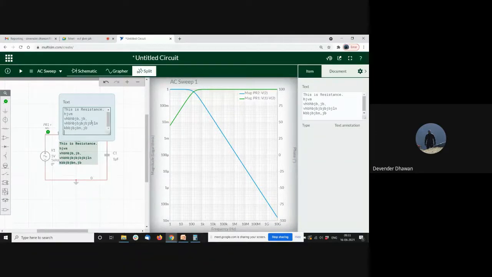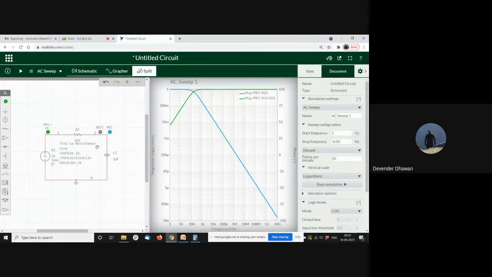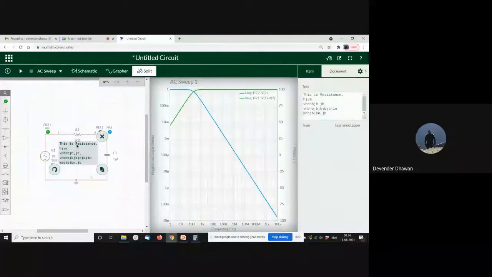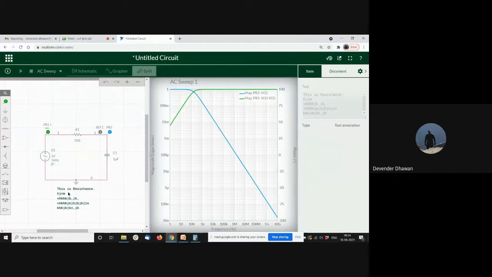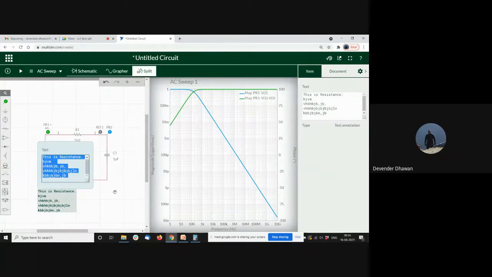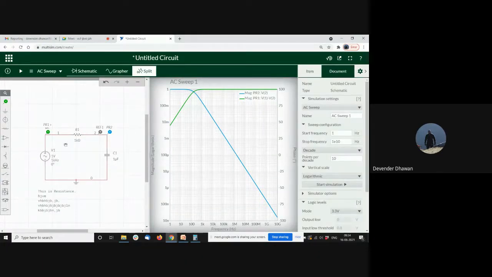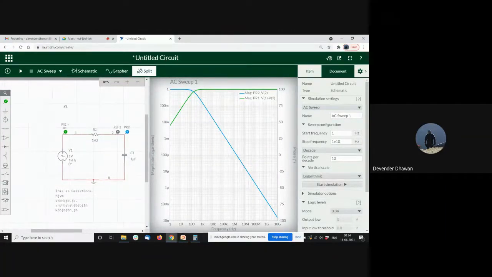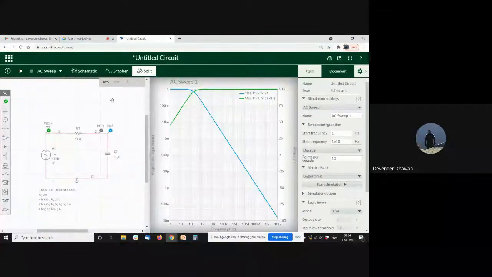If you want to tell them how it is working, you can just write a simple explanation for the circuit's working, and this could be the explanation of the circuit. Then here you can write for a resistance or a capacitor, or you can give this a heading. That is up to you. That can be done.